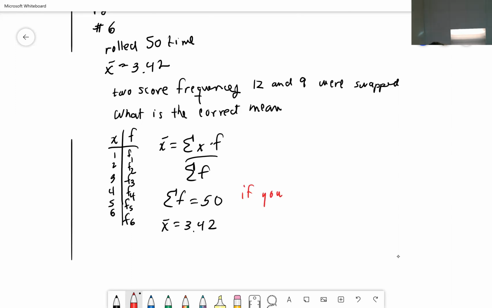If you take X bar and multiply it times the sum of F, you get the sum of X times F. It's not indirectly, it's directly by just multiplying. So 3.42 times 50, and we get that the sum of X times F is 171. So good, now we can say the sum of X times F equals 171.